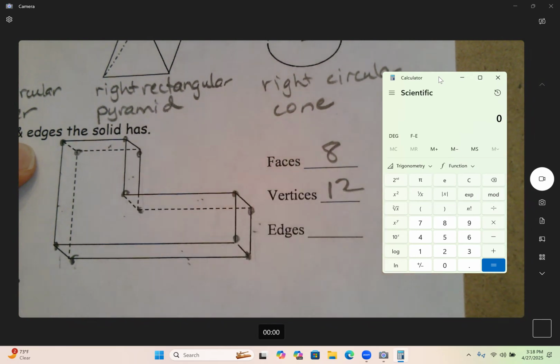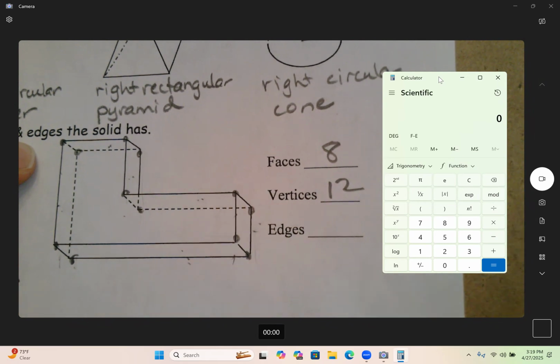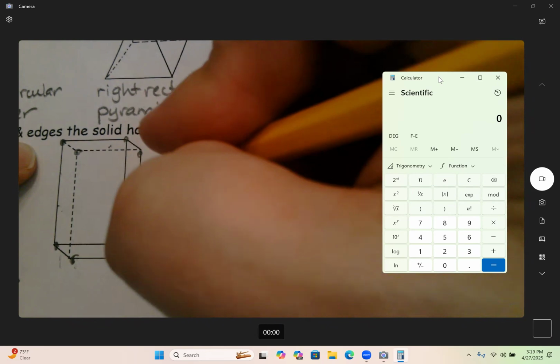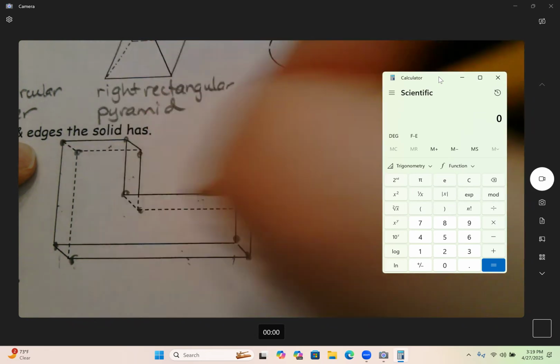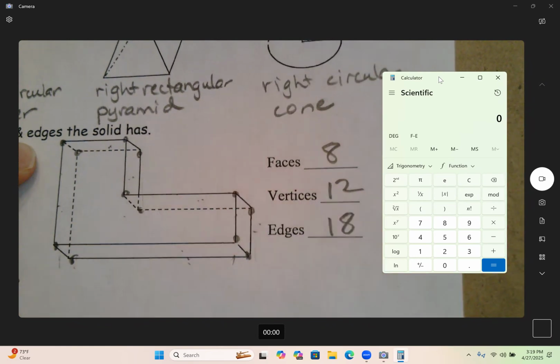Now I'm going to count the ones going left and right. 7, 8, 9, 10, 11, 12. And then I'm going to do the ones that are kind of going like this. So 13, 14, 15, 16, 17, 18. All right. So 8 faces, 12 vertices, and 18 edges.